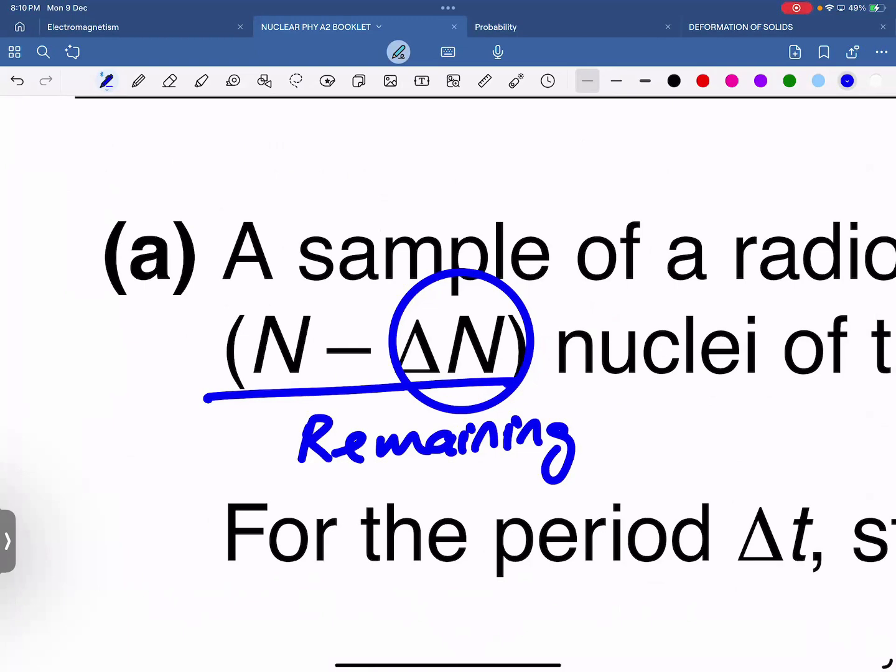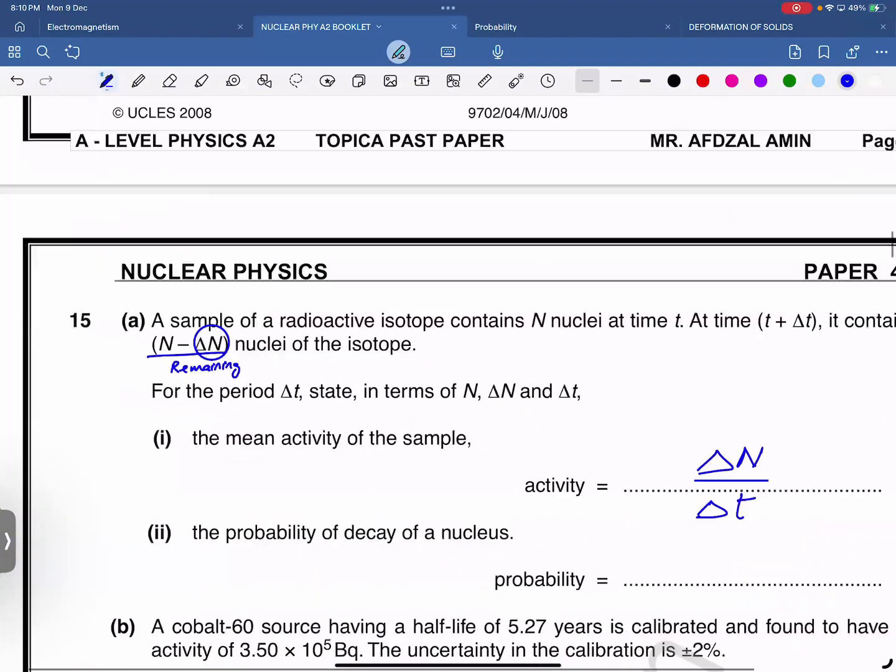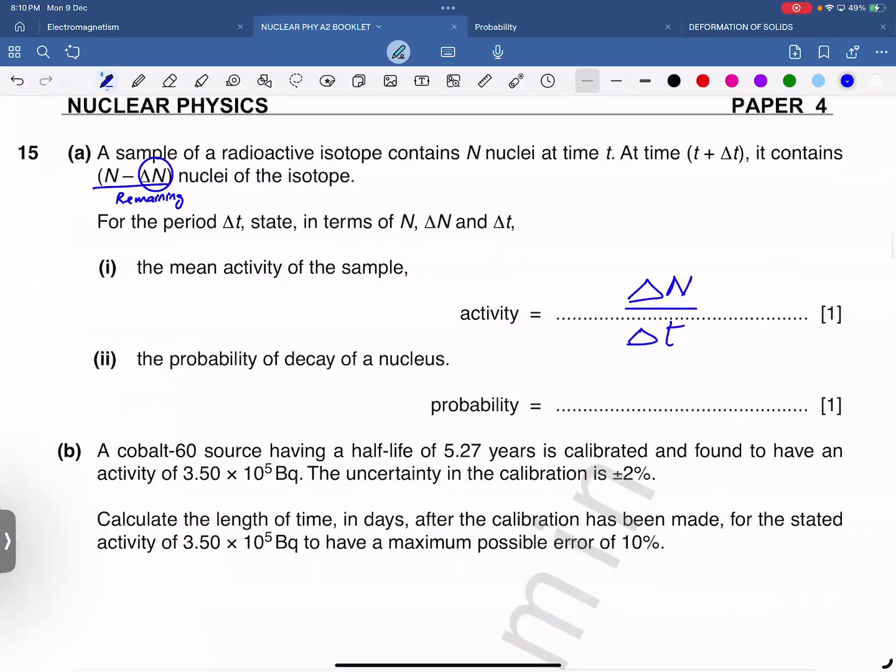Rate of decay of nucleus, not probability. Probability is the decay constant. Here is the probability, so you divide by N: delta N over N delta t. Probability means you divide by N. No, probability, no t.